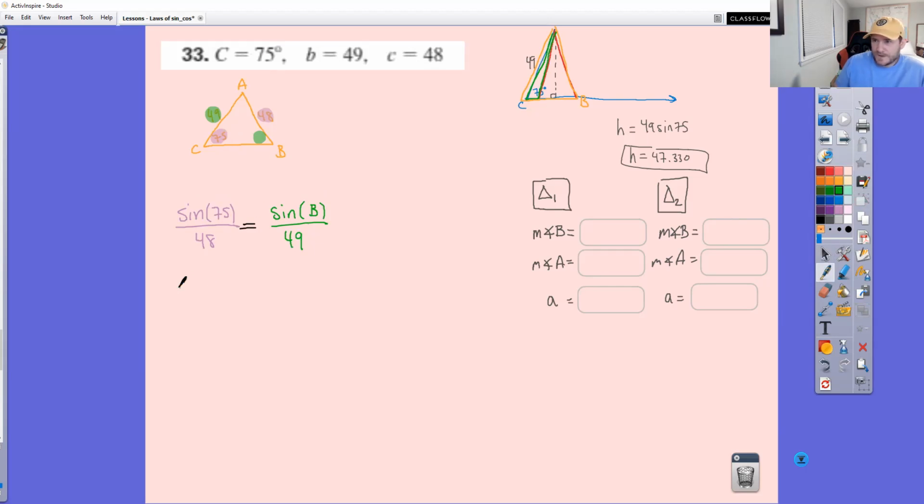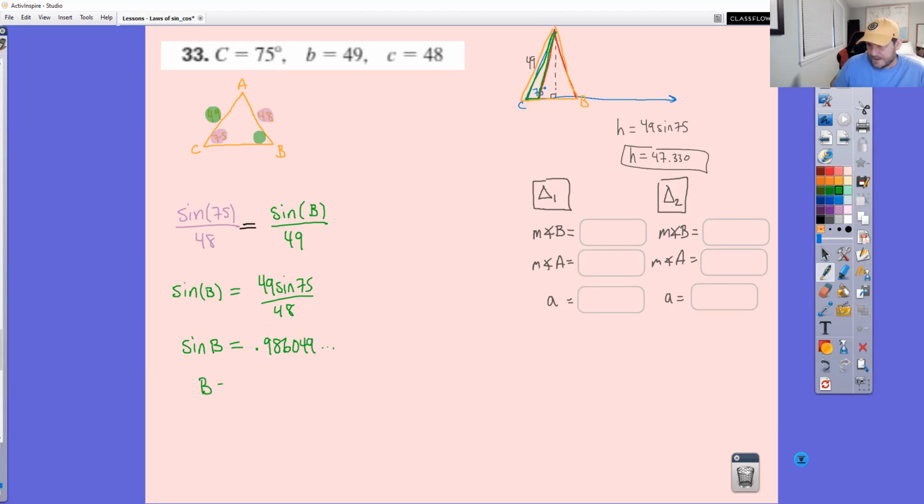Okay, so you better solve. I think I'm going to be looking at sine of B that equals 49 sine 75 divided by 48. That means the sine of B is equal to some decimal, 0.986049.